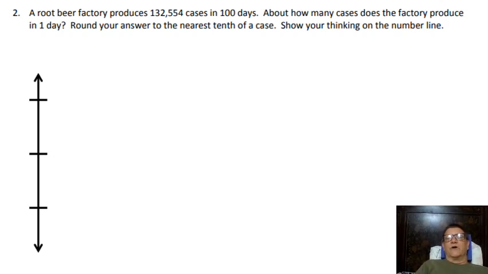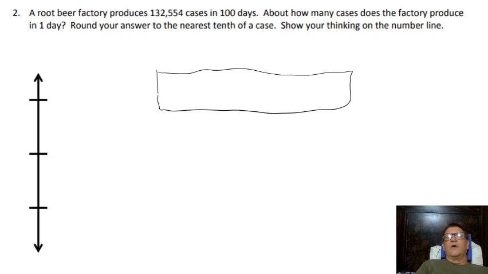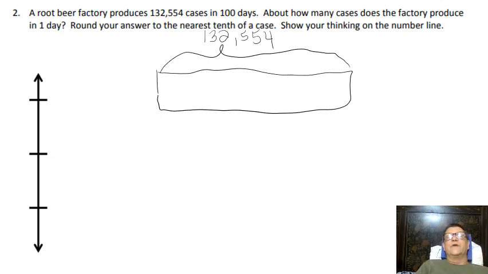Okay, so I'm going to start off, and I'm going to draw a little picture to help me out. I know that in a tape diagram the total amount right here is 132,554 cases. And it says they do that in 100 days.